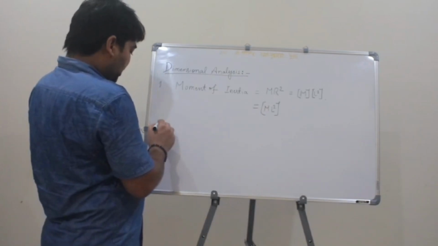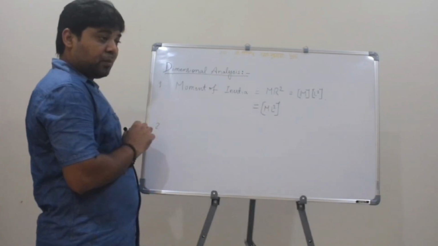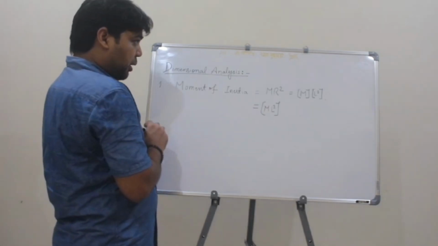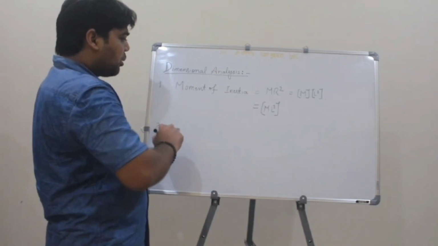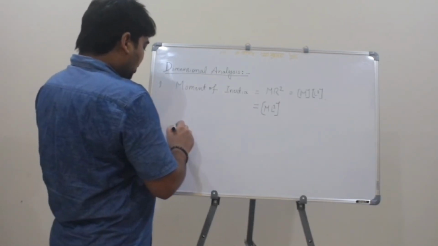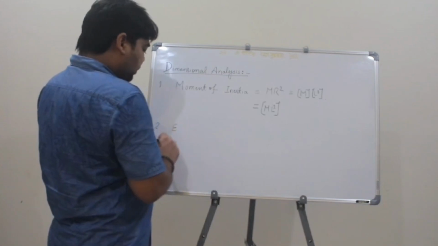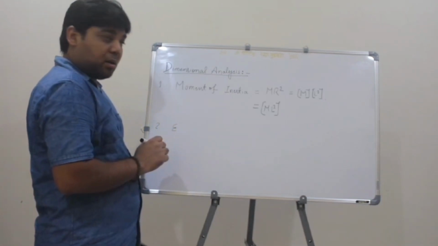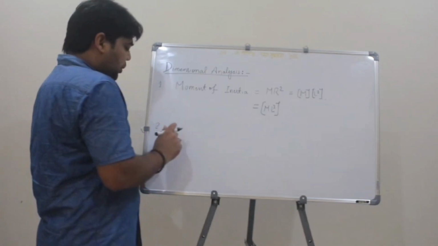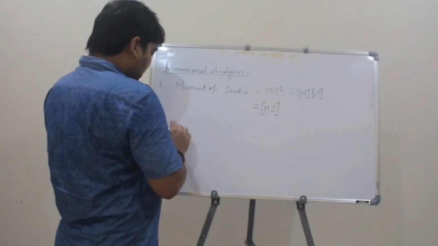So here let us take another example of permittivity. So how do you calculate the permittivity? So permittivity is epsilon. Now how is epsilon calculated?